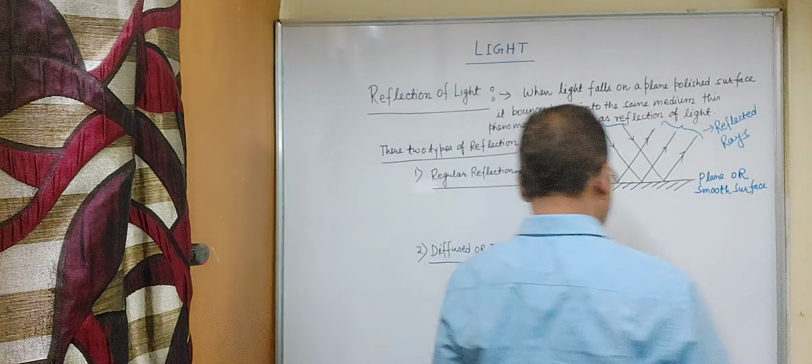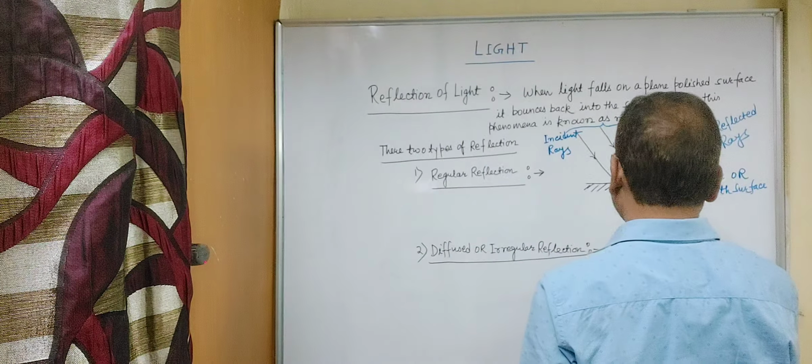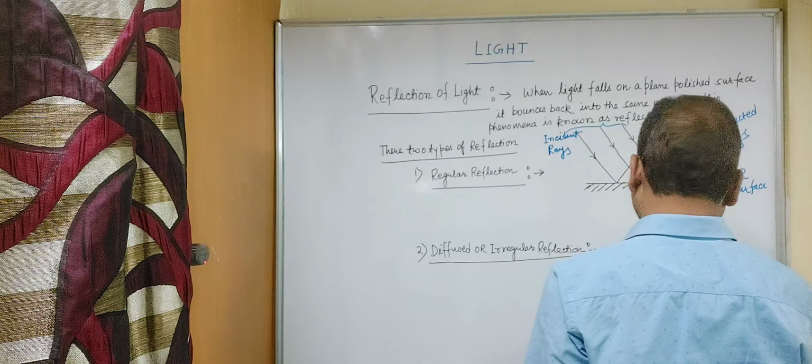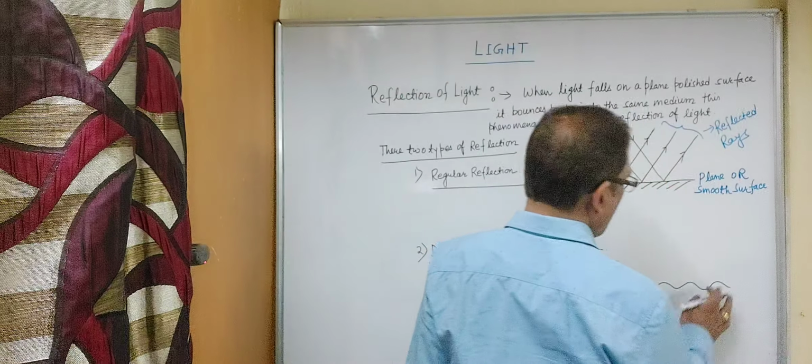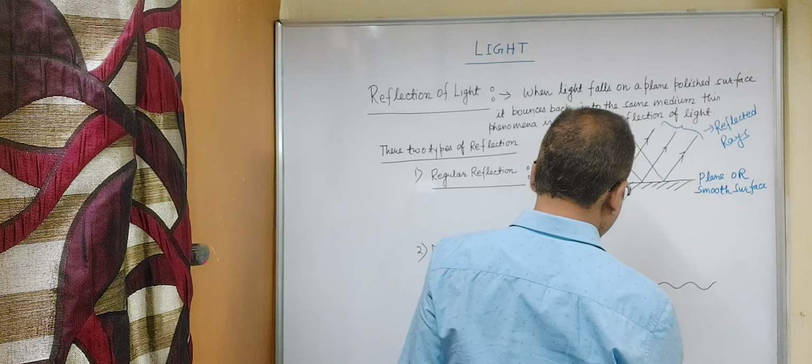So in case of diffused or irregular reflection, the surface is rough like this. This is not a smooth surface.